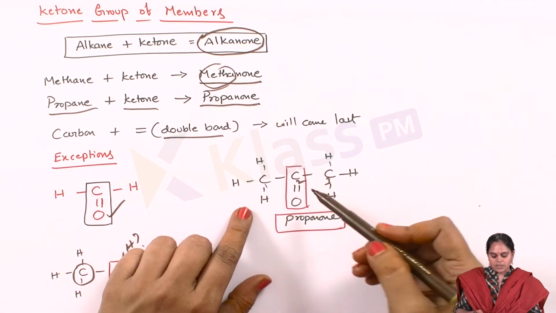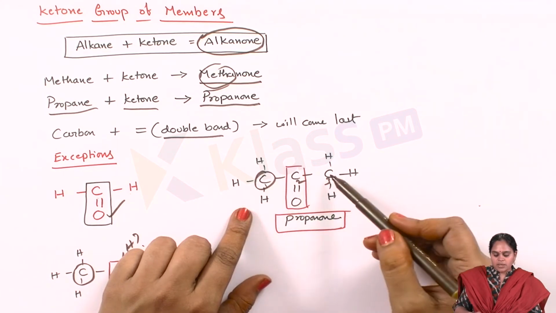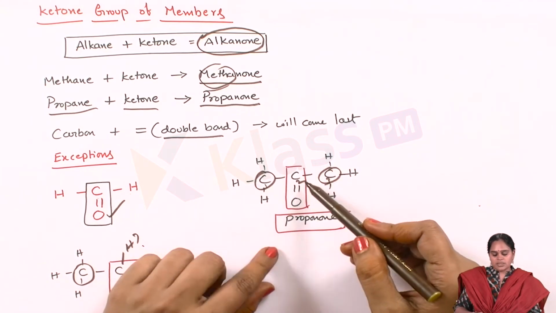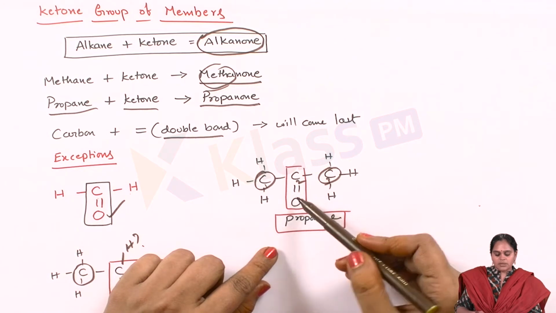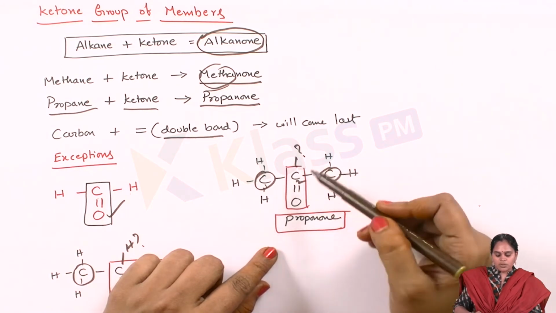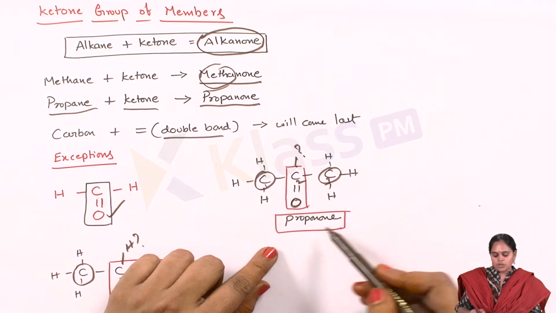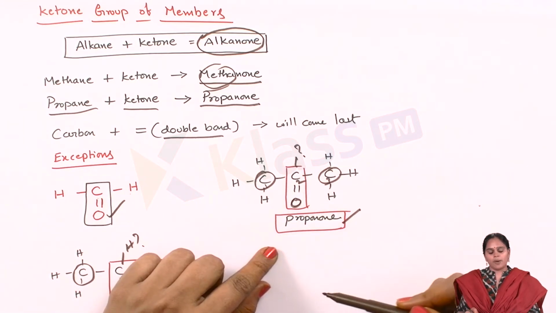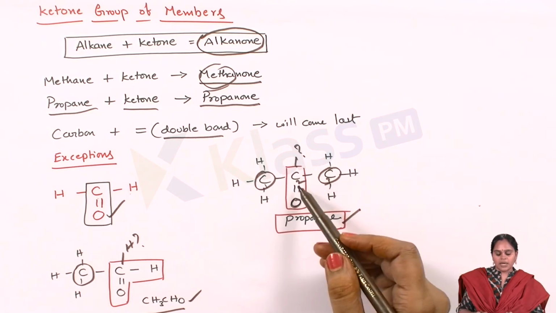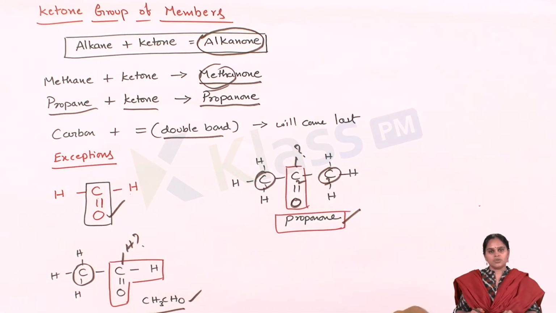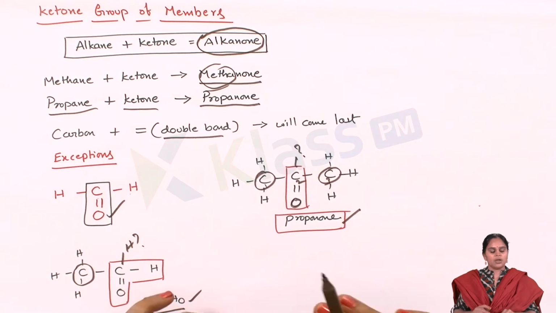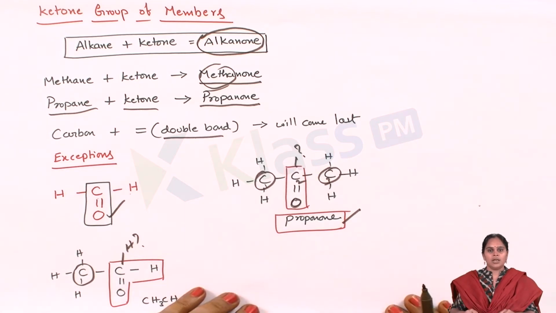In these 3 carbons, this carbon is satisfied and this carbon is also satisfied. The second carbon is not satisfied. When no hydrogen comes forward to share its electron, it makes a double bond with oxygen, so that propanone will be formed. Here, it's not coming at the end, even though it is right. So there are some exceptions. Generally, carbon with a double bond with oxygen will come at the end of the chain.